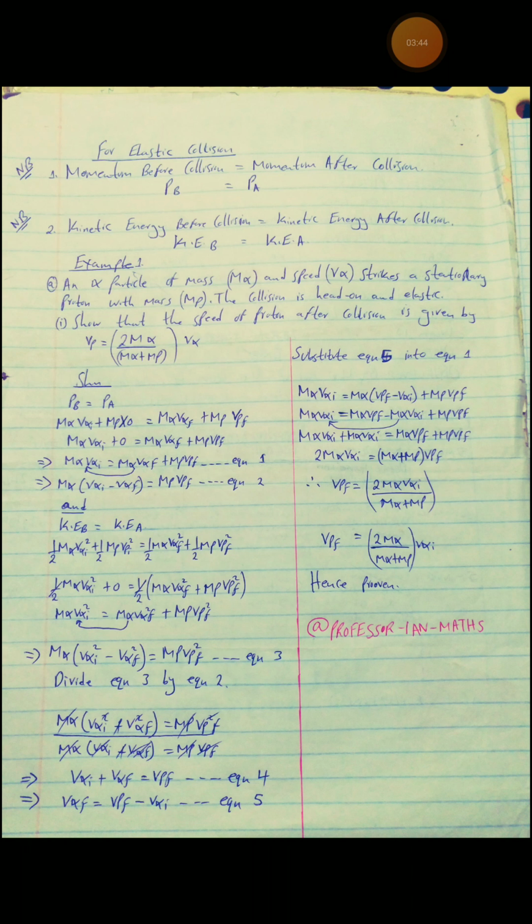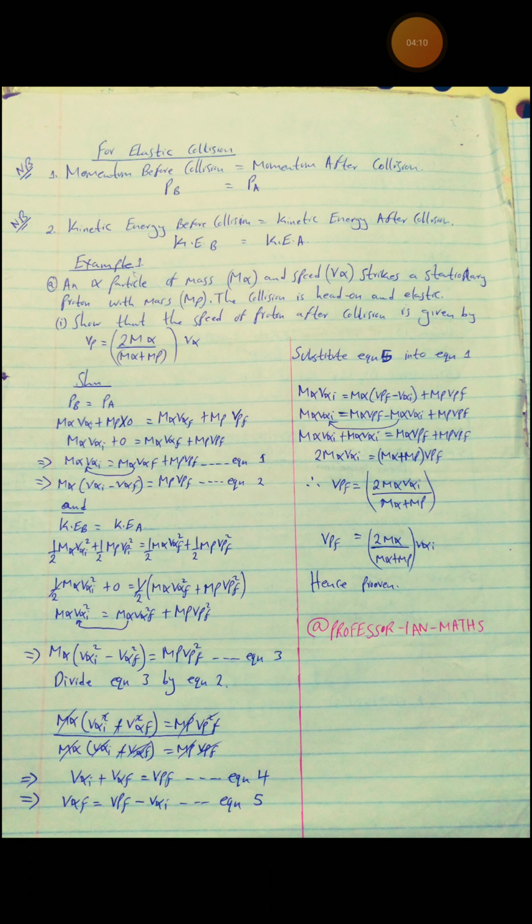That is the kinetic energy for the alpha particle plus the kinetic energy for the proton before collision is equal to the kinetic energy for the alpha particle after collision plus the kinetic energy of the proton after collision.